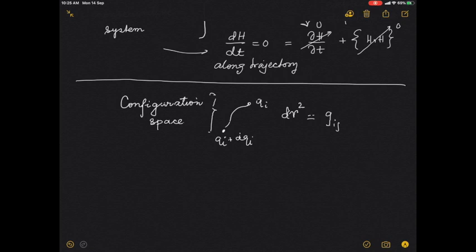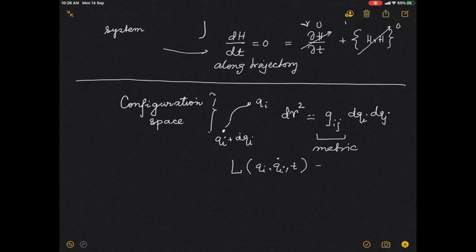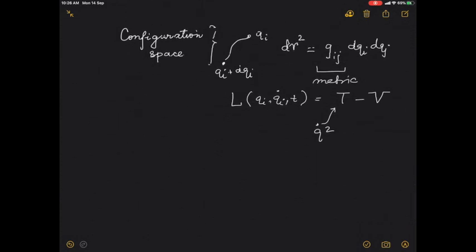So we define the distance between these 2 points as gij dqi dqj, where gij we call the metric. And we also discussed that the fact that it is there comes from the fact that the Lagrangian, which in this case is a function of qi dot and t, has this form, which is also called bilinear form, where this has terms like qi dot square.